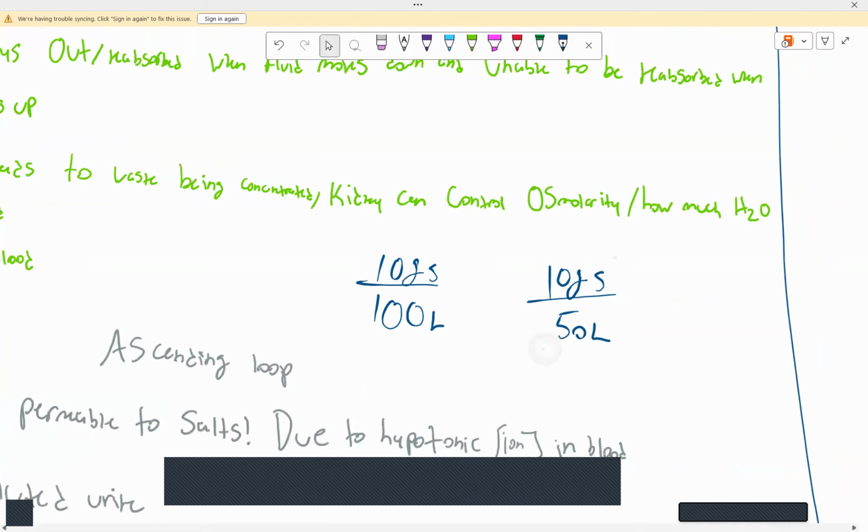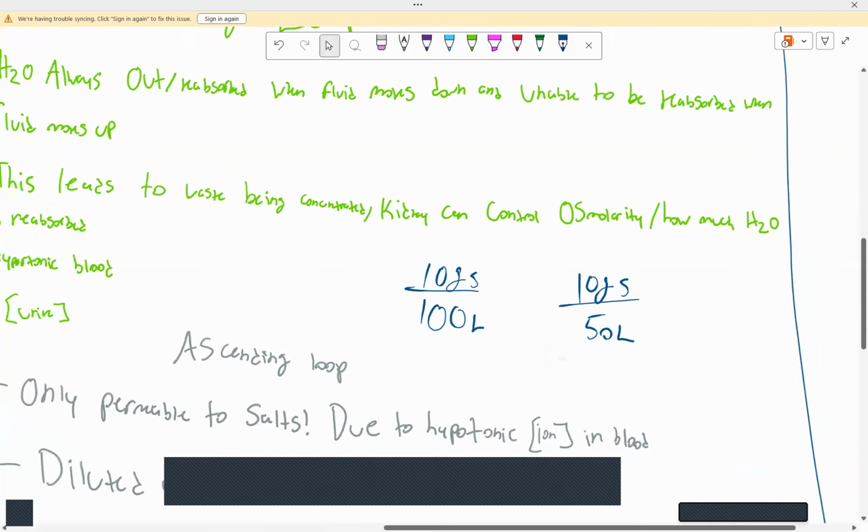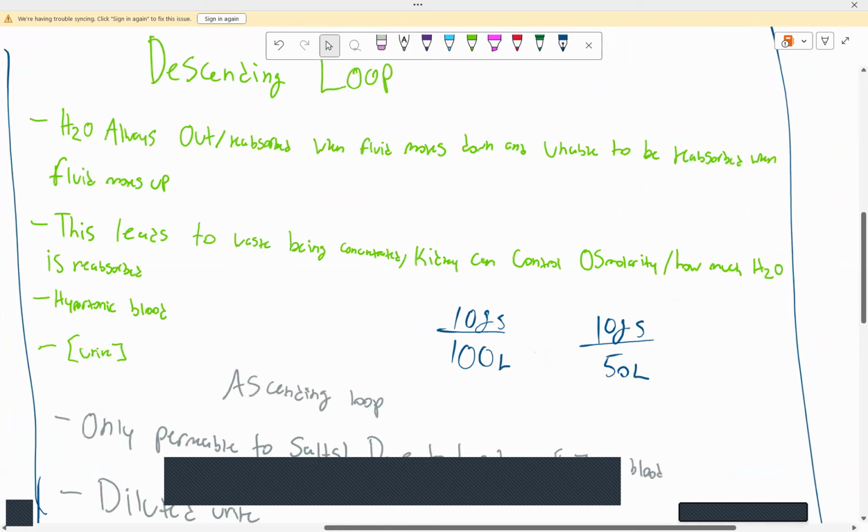That's a big change, right? It's the same thing for concentration: it's going to be more concentrated because you're not changing the amount of solute or ion concentration. You're only changing the sheer volume of your solvent, the water. So therefore, it's going to be more concentrated. This is important so the kidney can control the osmolarity and how much water is reabsorbed based on how dehydrated you are.